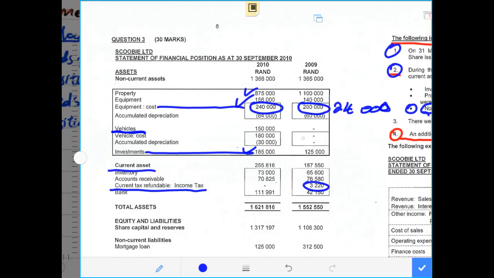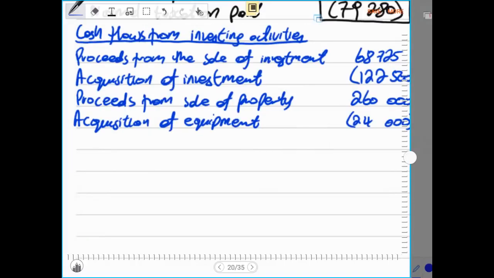Therefore, under vehicles, vehicle at cost, there were no vehicles in the year 2009. But in the year 2010, these vehicles amounted to how much? 180,000 rands. That means we bought a vehicle in the current year, meaning money went out of the business. Therefore, now we have to record acquisition of vehicles, 180,000.